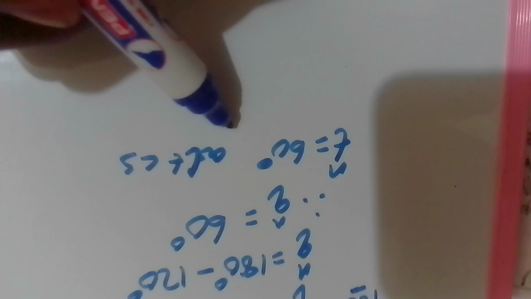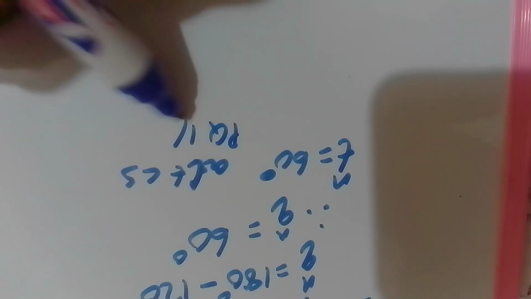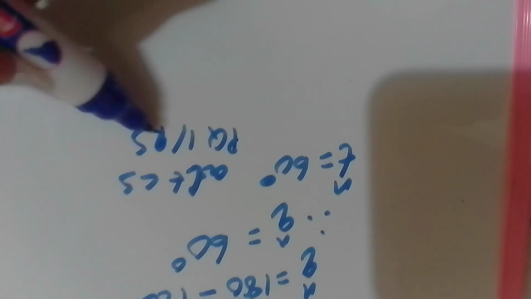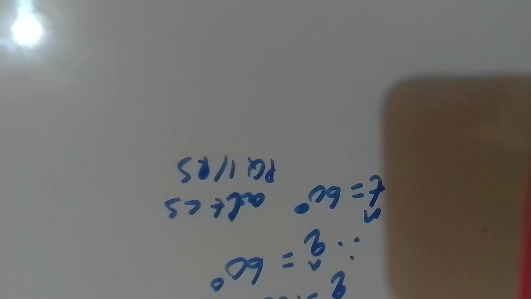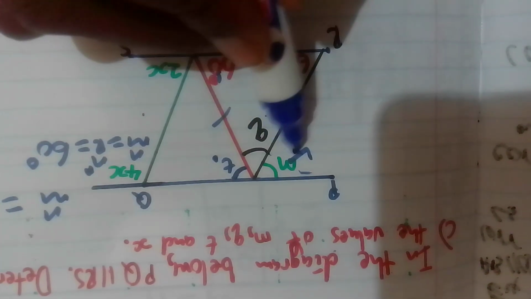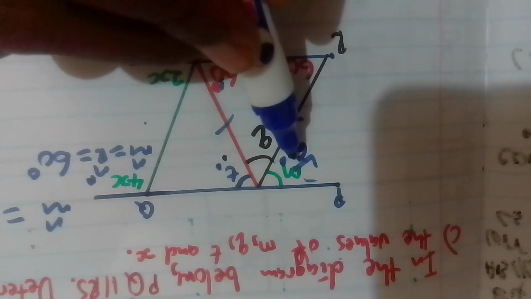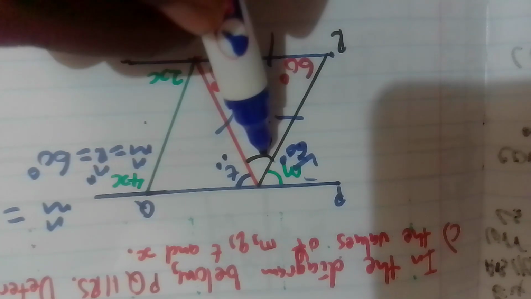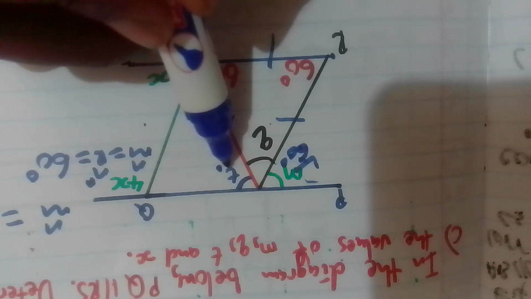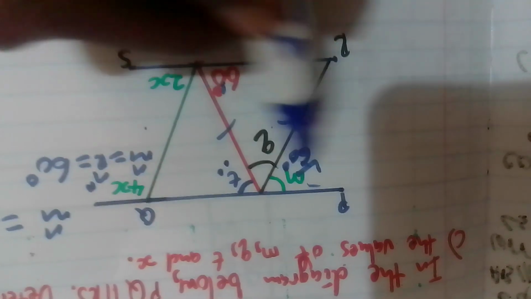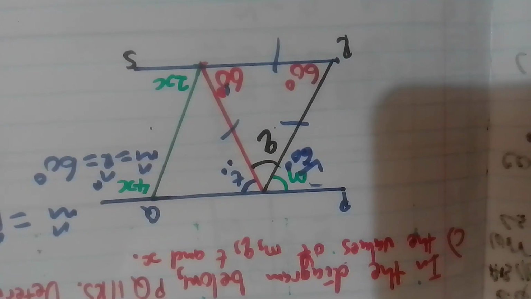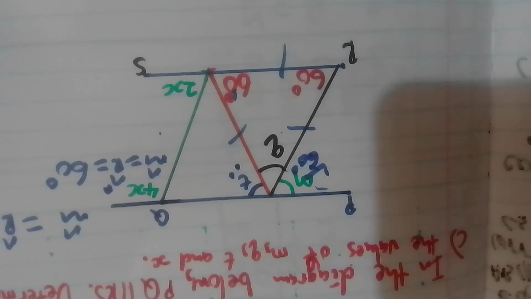Because we were told that line PQ is parallel to line RS, right? All right, and if we check here, we found 60. Here we're at 60 degrees, here we found 60, there we found 60. These three are angles on a straight line. 60 plus 60, 120, plus another 60, 180. So it fulfills that concept of angles on a straight line.